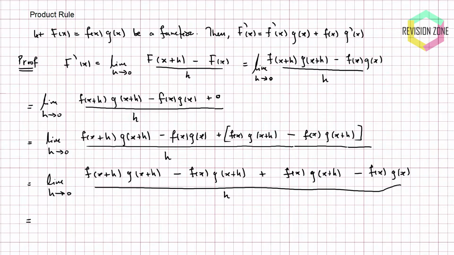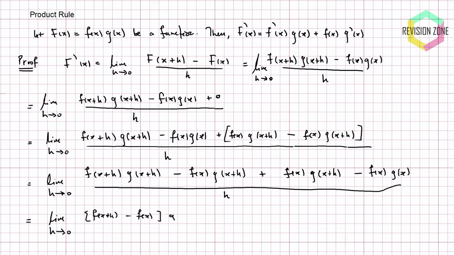So at this stage, again, it might look like we're not making any progress, but we actually have made progress. We can look at this more carefully, and we can say, well, I can factorize g of x plus h from the first two terms, and I can factorize f of x from the last two terms. So let's do that. So I've got the limit as h tends to 0, f of x plus h, take away f of x, and here comes the factorization.